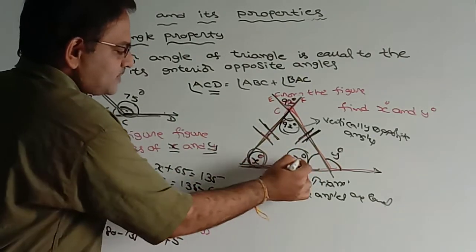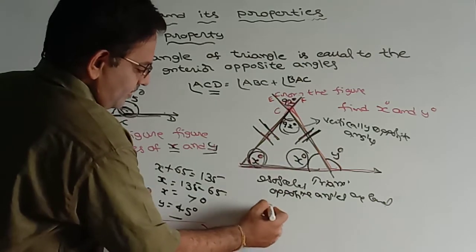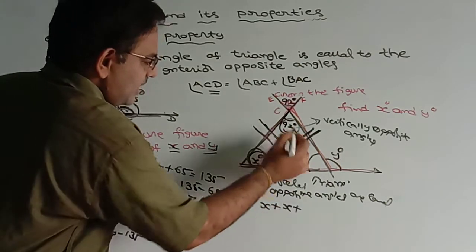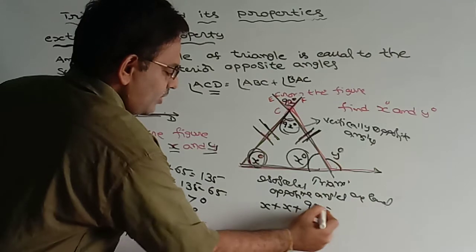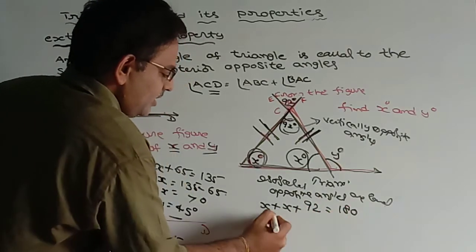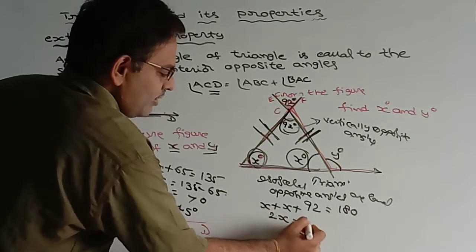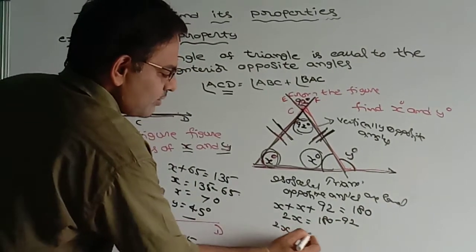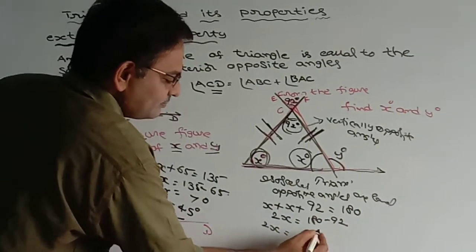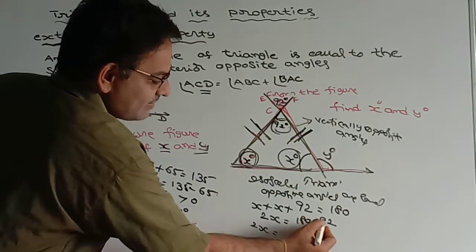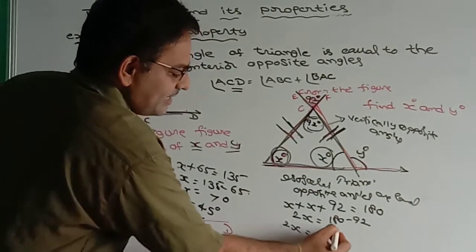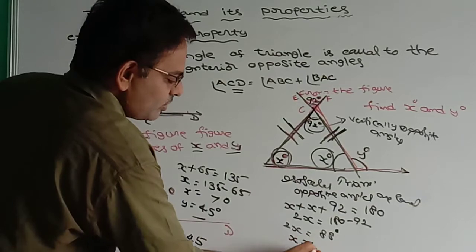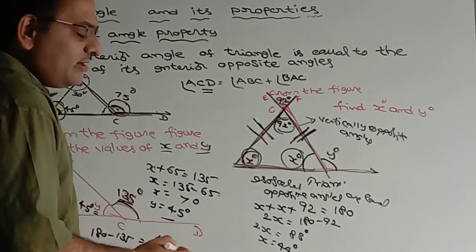Now x plus x plus 92 equals 180. 2x equals 180 minus 92, that is 88 degrees. So x equals 44 degrees.